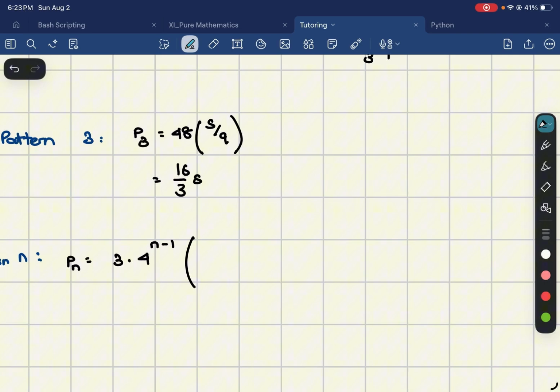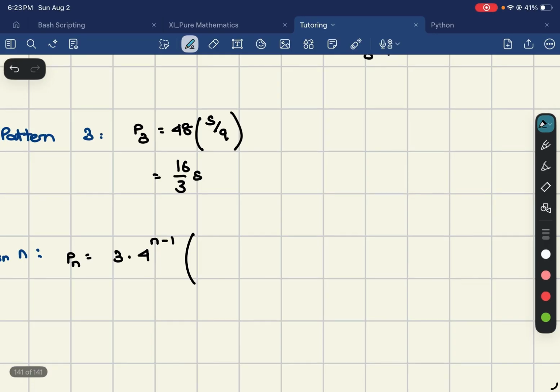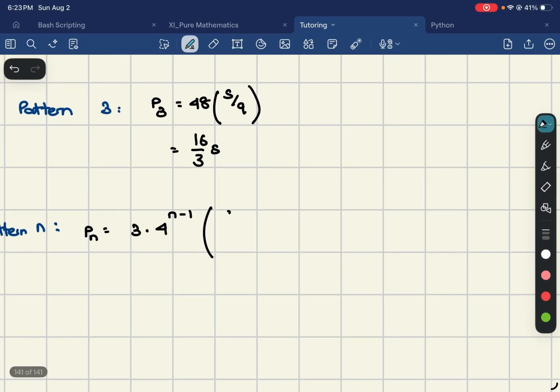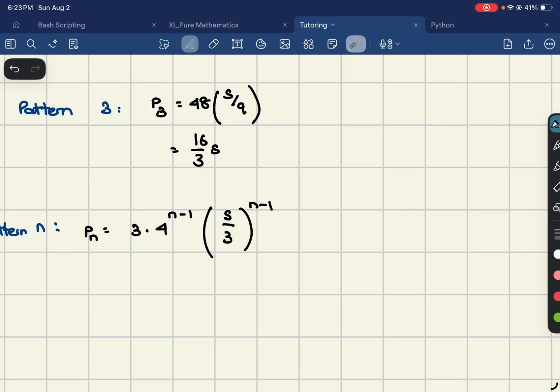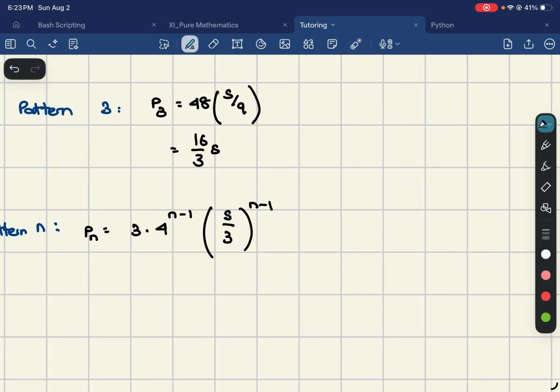So this is the number of sides. Now, how is our side length going to vary? Well, our side length is going to be s over 3, and it's going to be raised to n minus 1 as well. Why so? It's going to be 1 over 3 and then you multiply by s.